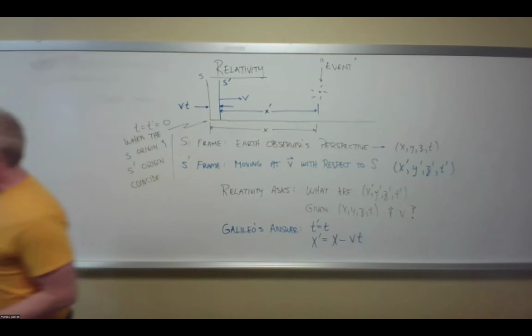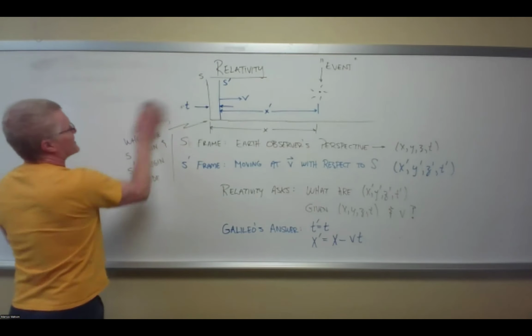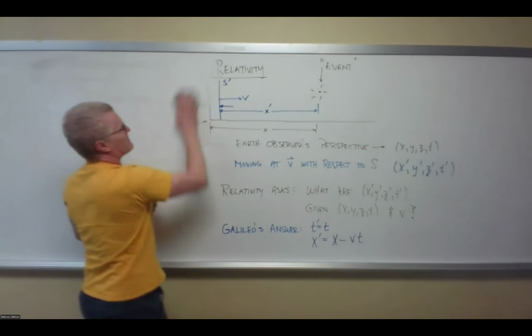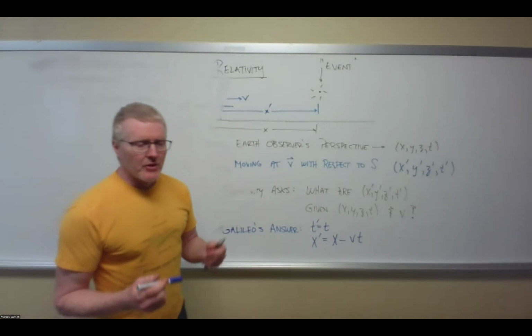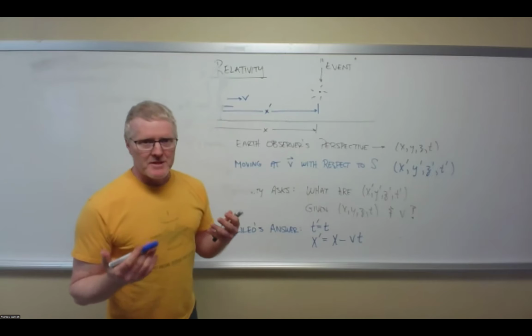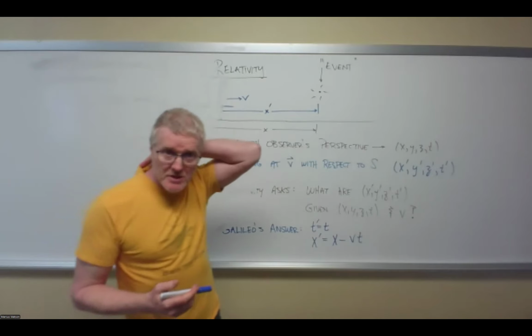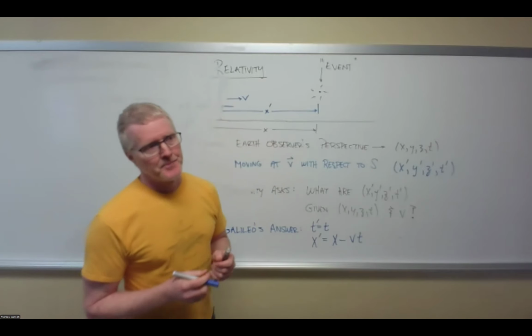All right. So what happened was, people were doing experiments with electric charges. And so what happens is you can use a voltage to accelerate an electric charge. And electrons were discovered by Thomson in the late 1890s.